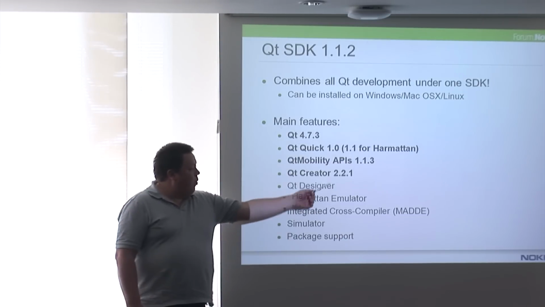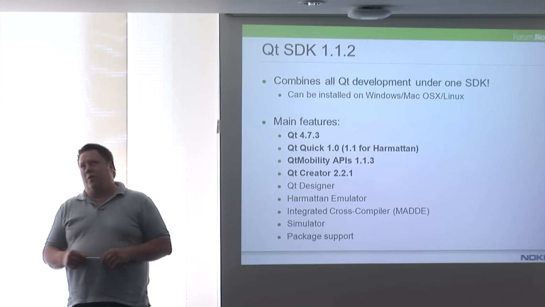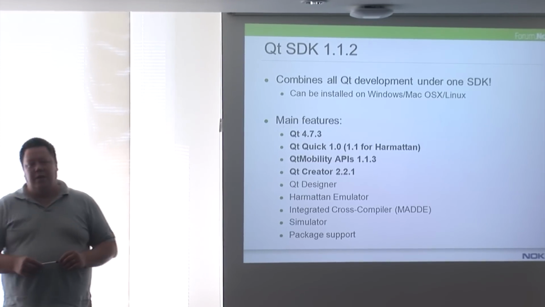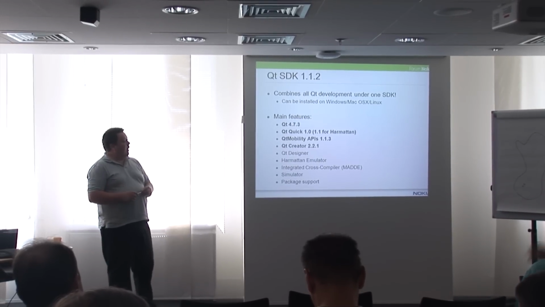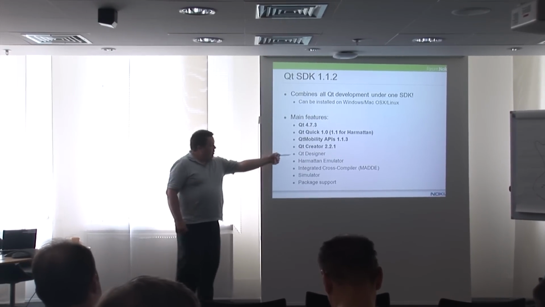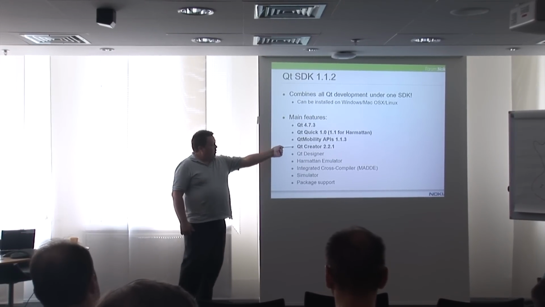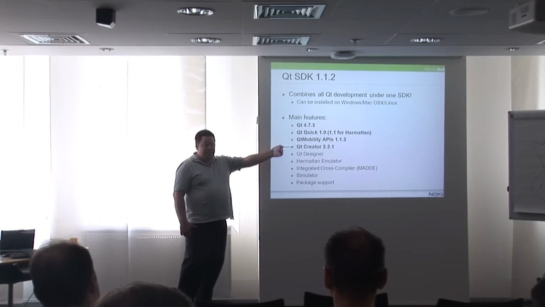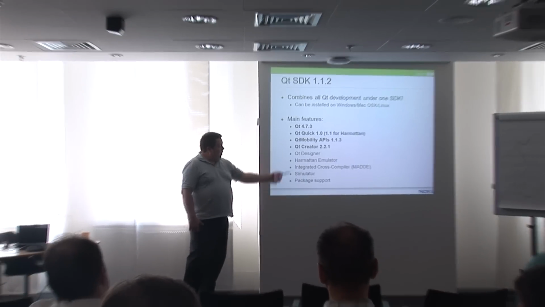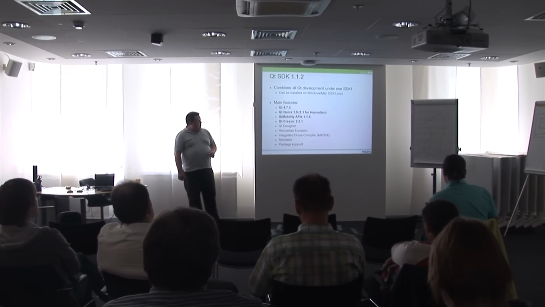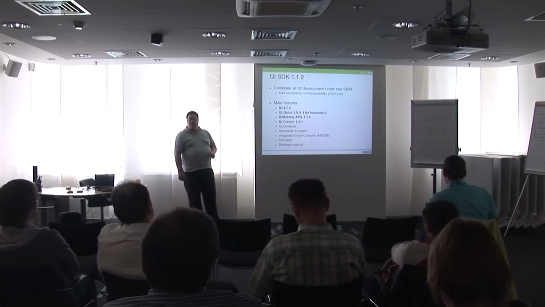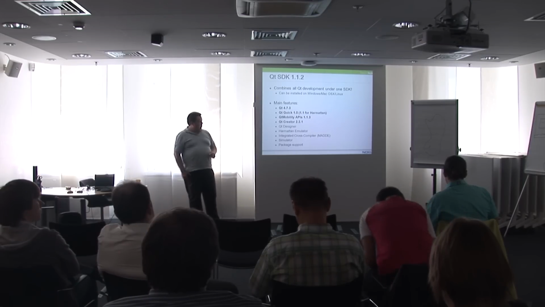Qt Creator 2.2.1, there the new feature is the QML Designer. So now you can not only drag and drop Qt widgets, but you can drag and drop Qt elements. Harmattan emulator, which was slow. Integrated cross-compiler, so that we can build for the Linux and ARM targets. In Symbian, for example.